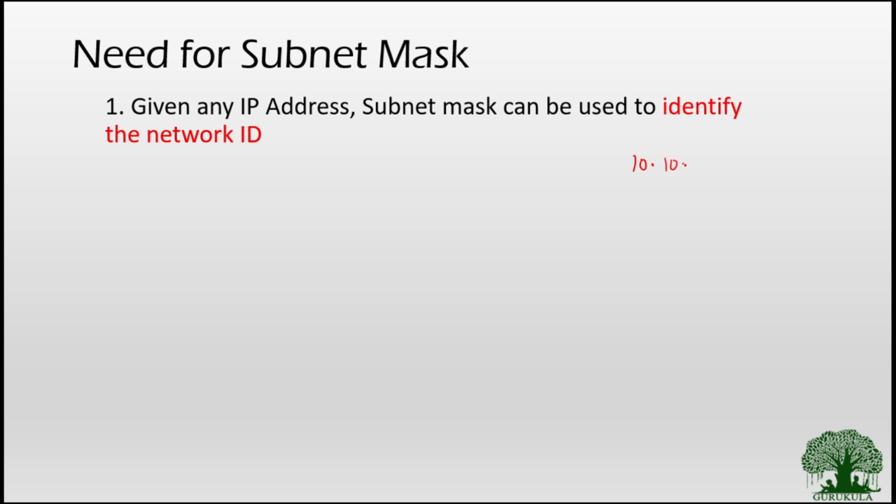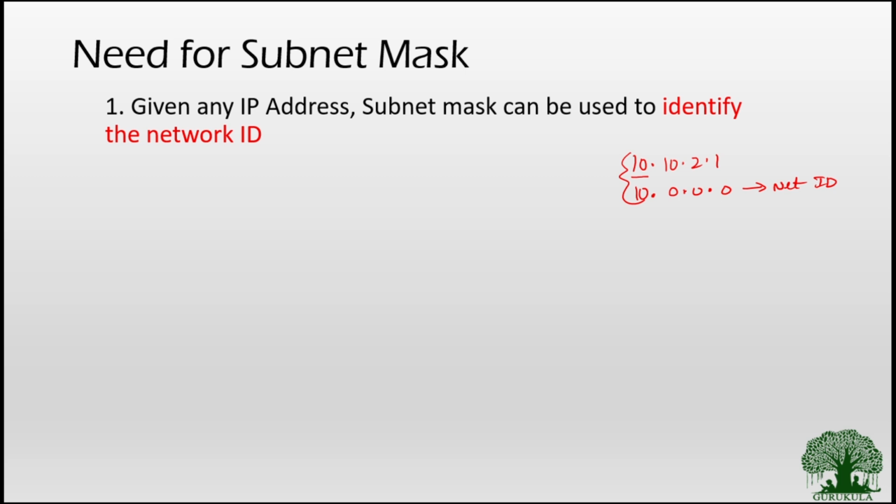Let's take an example: I have an IP address like 10.10.2.1. We know that this is class A, so the first part is kept constant, and the remaining parts I put as 0. This represents the net ID of the given IP address. This explanation is valid only if no subnetting is performed.